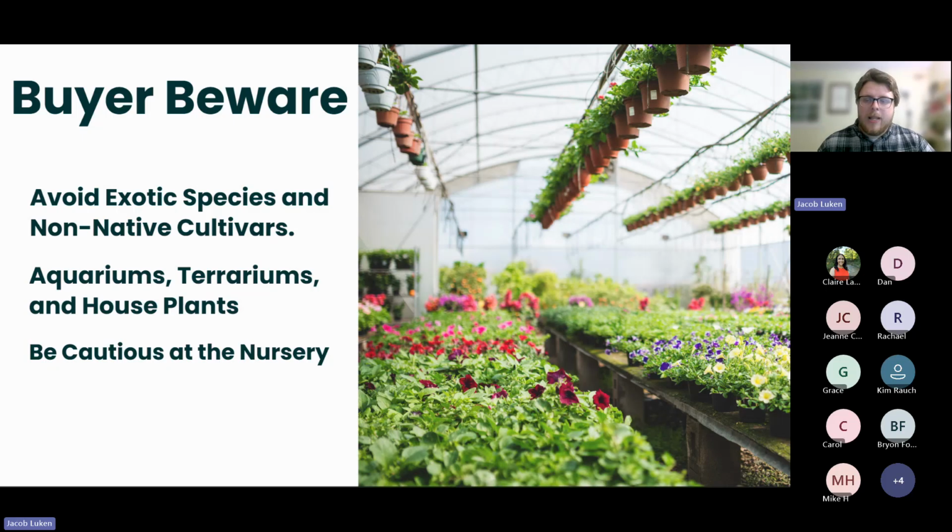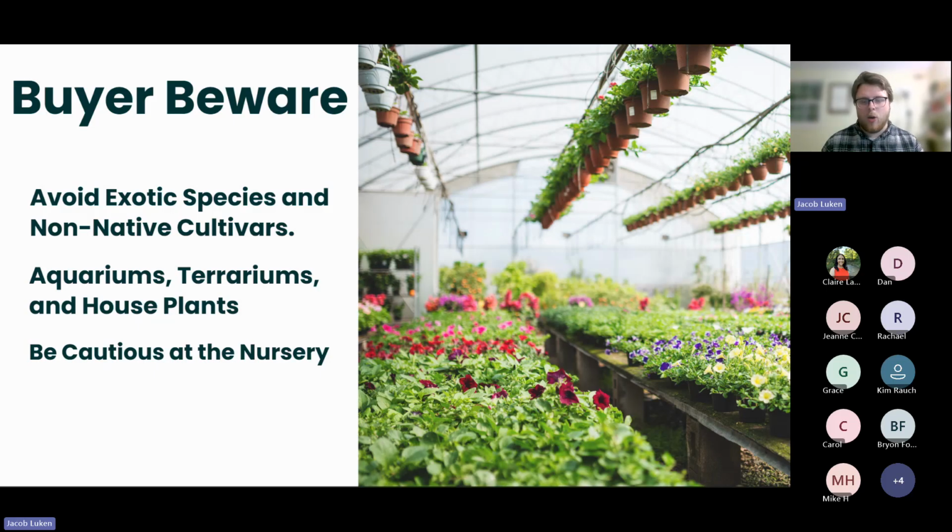And then being cautious at big box stores and nurseries. So we talked about this a little bit already, but a lot of times, whether it's a big box store or even the smaller nursery, they carry non-natives and even invasives. There are definitely still recognized invasive species that are for sale on the shelves.